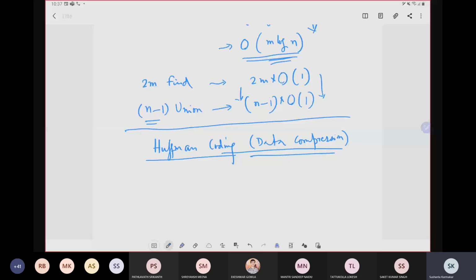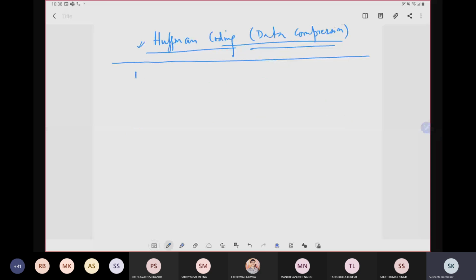So it is an interesting coding technique based on frequency. You calculate the frequency of all the words, and then you do a special kind of coding. I hope you can do it at home, and if there is any difficulty later we can take it up. So this Huffman code is another kind of greedy algorithm design technique. Now we are moving into something interesting, which is known as divide and conquer.